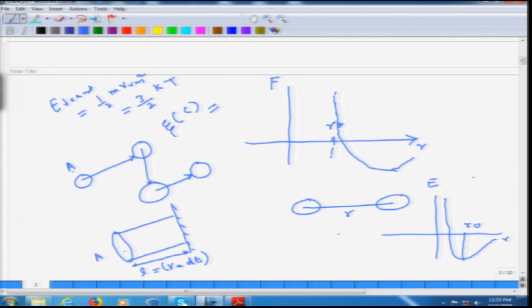Now we see that this is the minimum point where the graph is changing its slope from left to right, and therefore this point is termed, mathematically, the point of inflection.